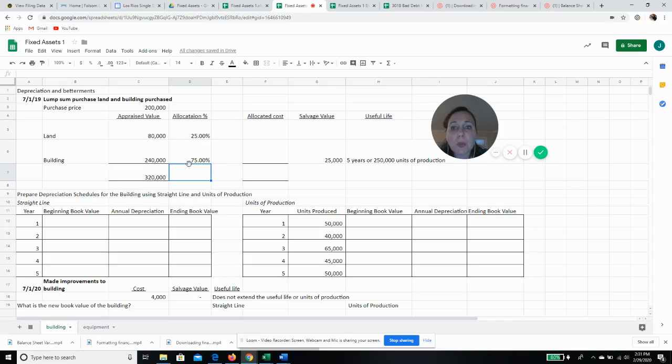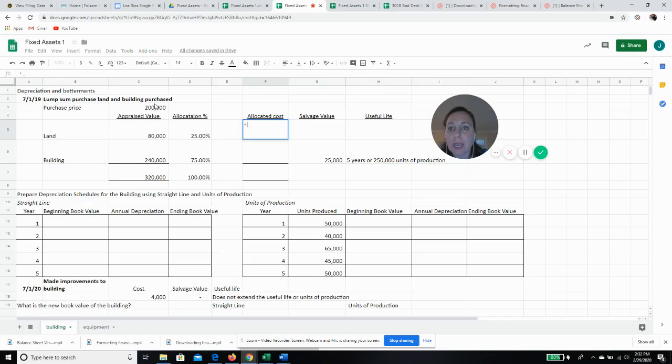We want to make sure that these two percentages add up to 100% because otherwise we won't allocate our entire purchase price. So I'm just going to add those up and they equal 100%, so I'm in good shape. All right, now to allocate the cost, I am going to multiply our purchase price by the allocation percentage.